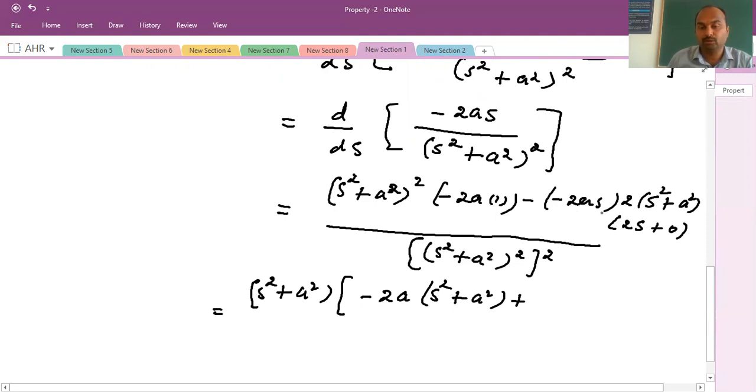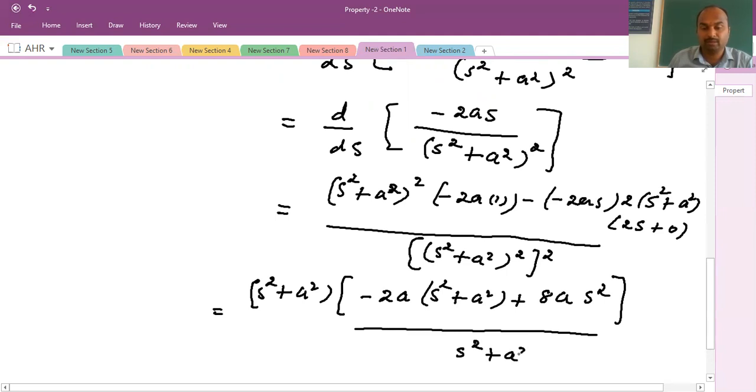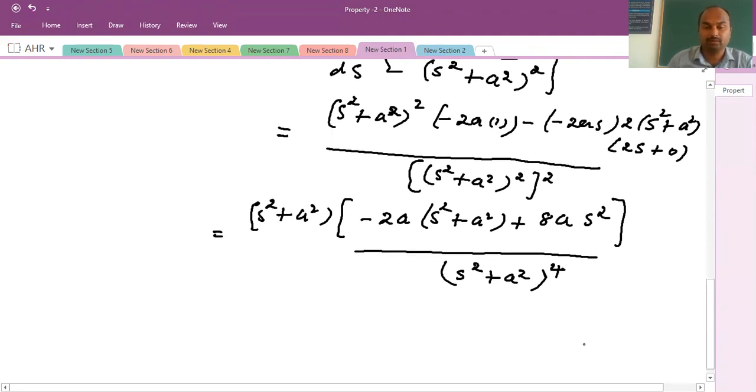So it becomes 2 into 2 into 2, so 4 into 2, 8, that is 8a. S into s, it becomes s square. So divided by s square plus a square to the power of 4. So because of s square whole square, this s square whole square will be s to the power of 4. Now this s square and this power 4 becomes 3.